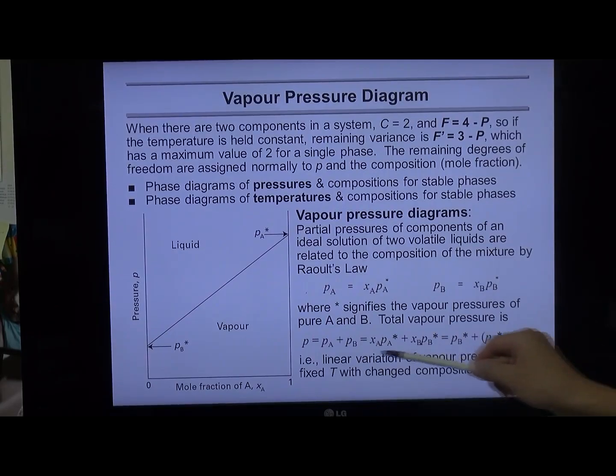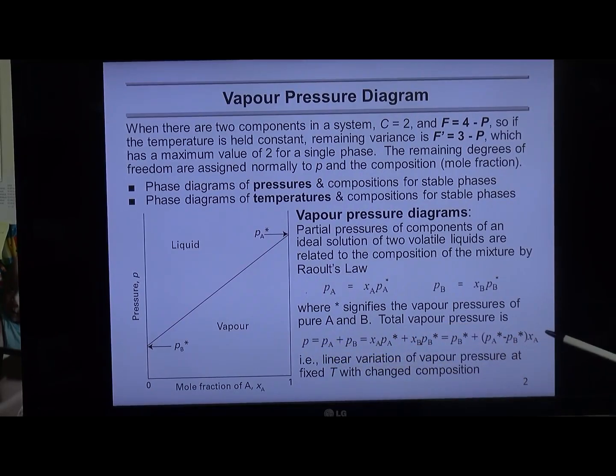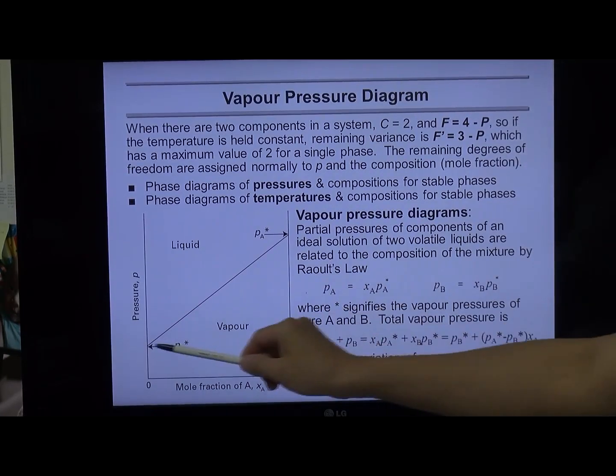So this formula basically shows the relation between total pressure P and XA composition. So if you plot P as a function of XA, since PA star or PB star is a constant, right? Vapor pressure of pure substance A and B, those are constants. So these two have linear relation.